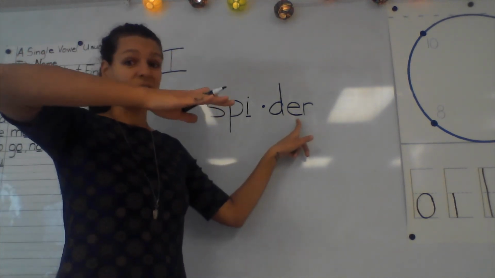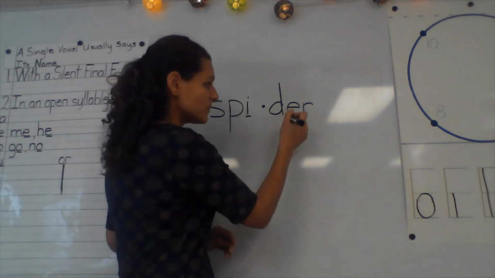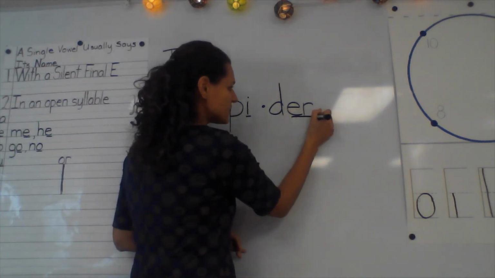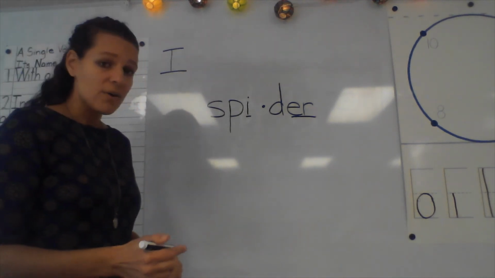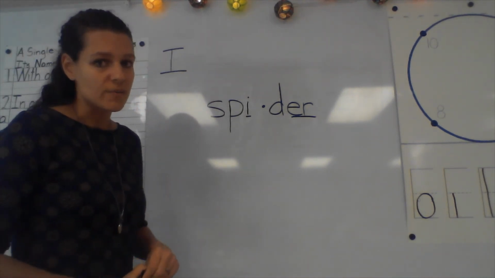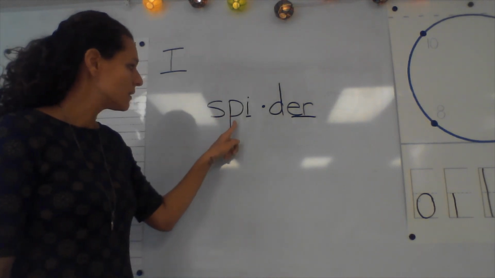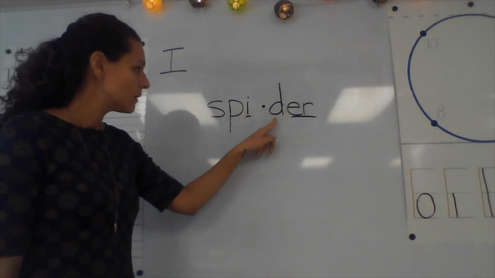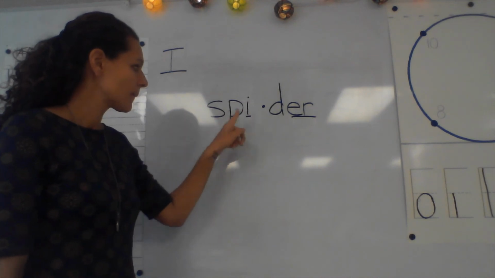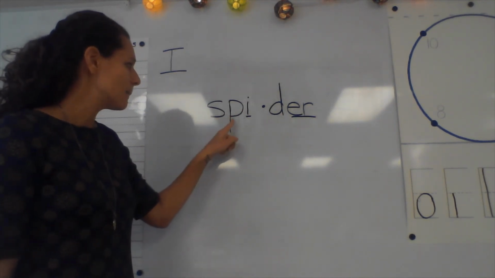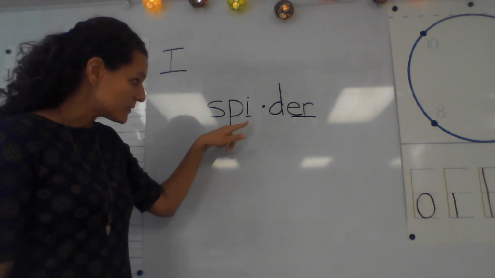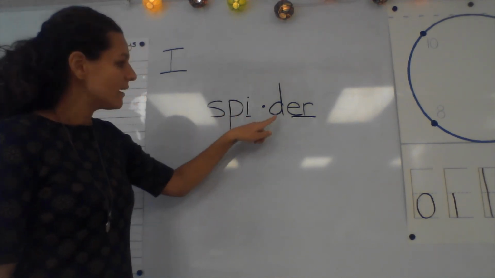It's excellent if you're showing me this right now, because we do need to underline this. See, it's two letters that work together to make that sound. All right, and now that we have our spider written, we can read it. Very good job, class. It's I, and we know to say I because it's underlined, and then spider.